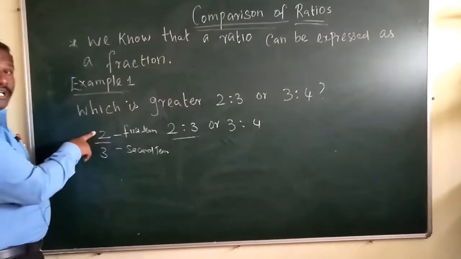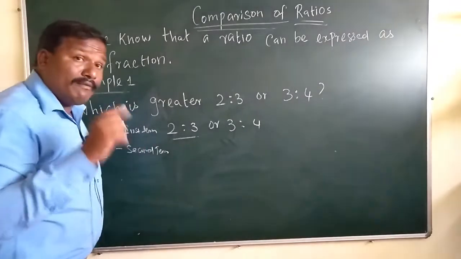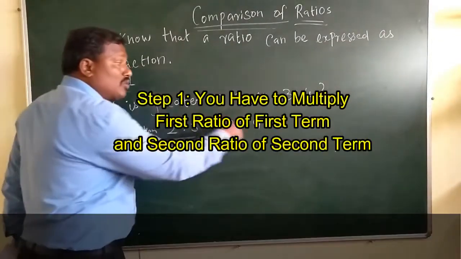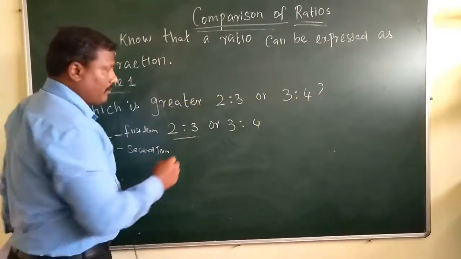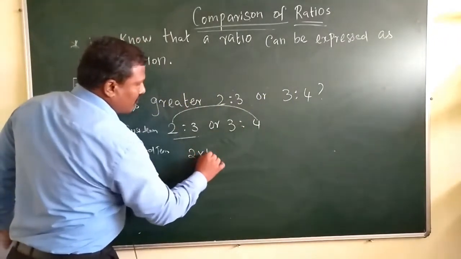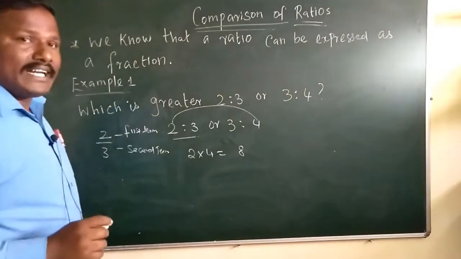Now we have to multiply the first term of the first ratio with the second term of the second ratio, means 2 into 4. So 2 into 4 is equal to 8. 2 4s are 8.